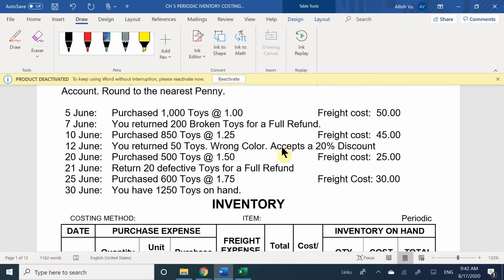Now, don't confuse that supplies is not the same thing as your inventory. So you need to make that executive decision. Is this a business supply, or is it something I plan to sell? And if it is, then it's going to be considered inventory.